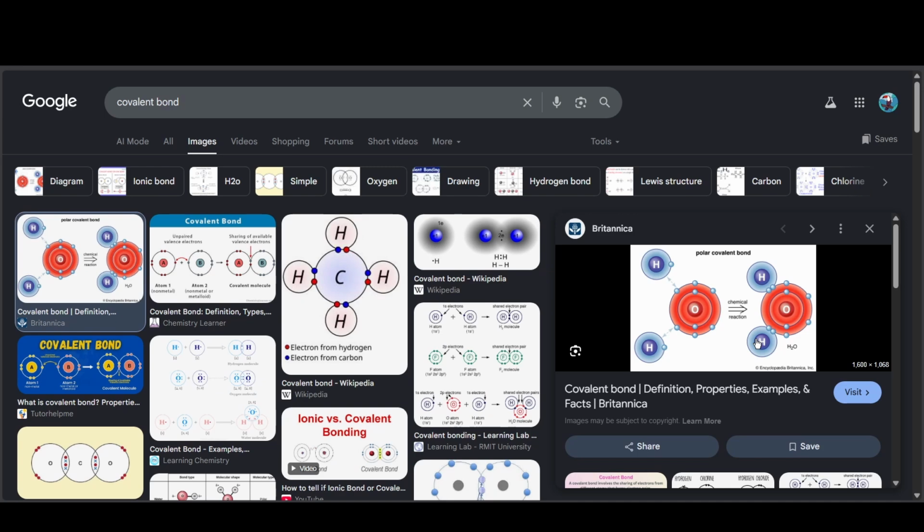Okay, so we have here a polar covalent bond. A covalent bond is basically just a bond between two atoms.